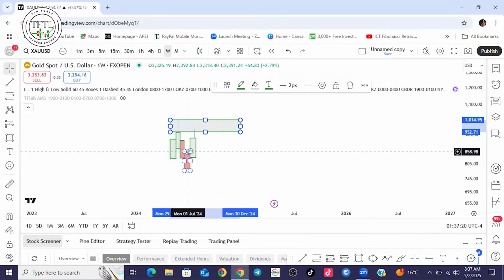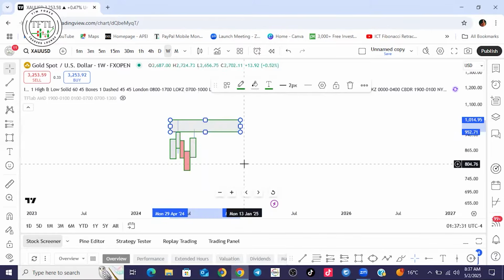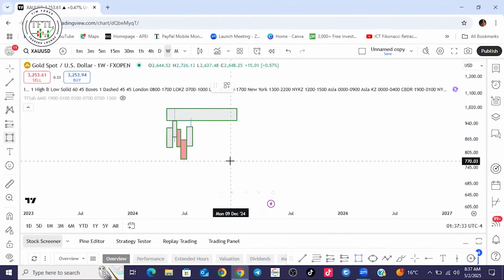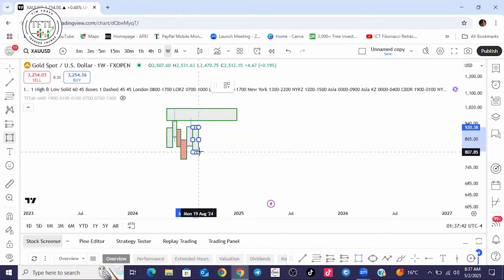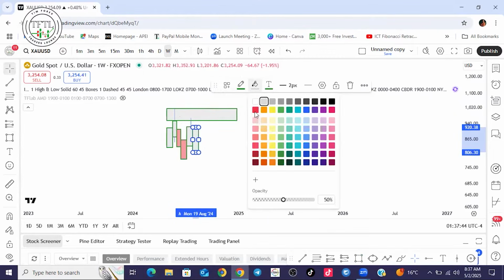So it pushes slightly above the body of the candlestick that created the high here, and then we start seeing a selling program coming into place. So we enter the selling program.